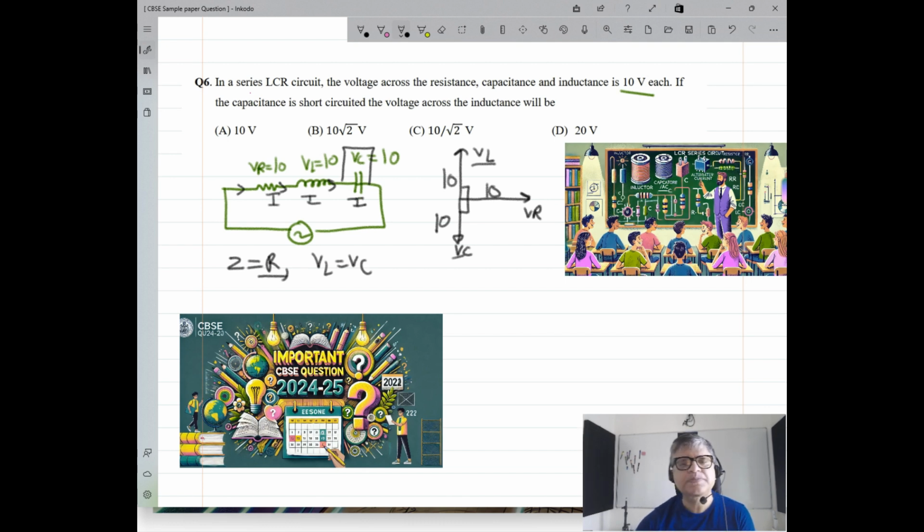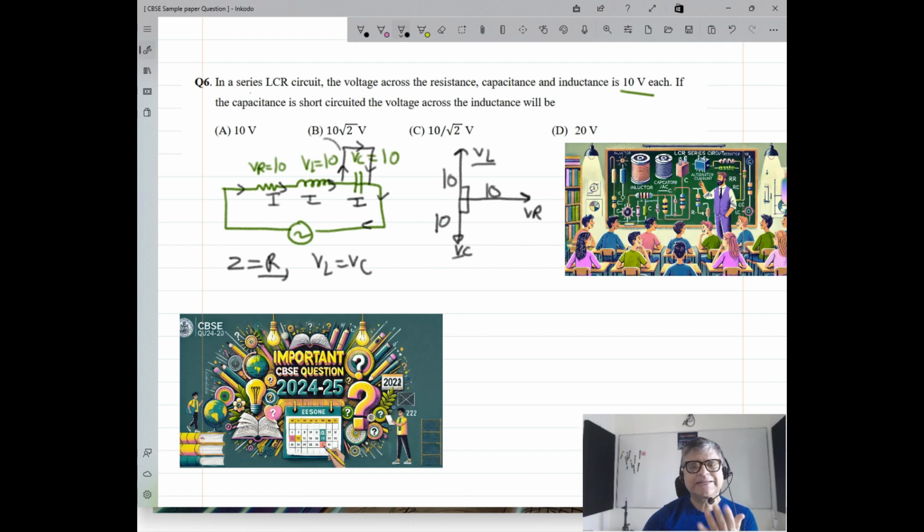But now you have shorted the capacitor, which means you have given a path to the current to bypass the capacitor. The key word is bypass. So the current goes through this path and comes out like this.